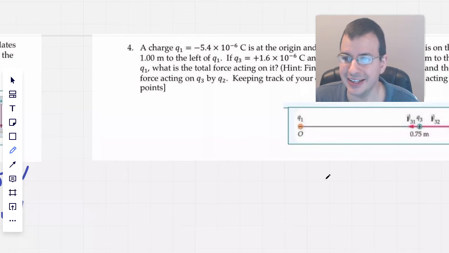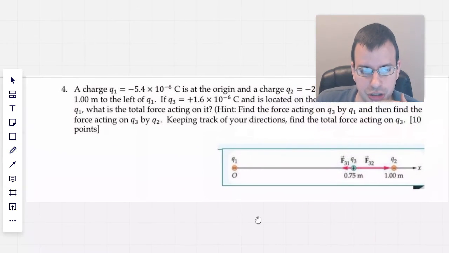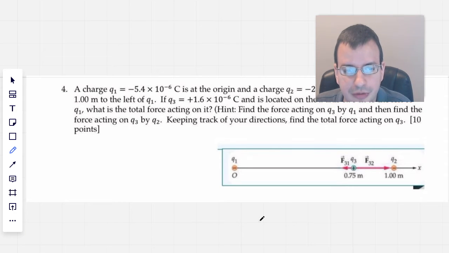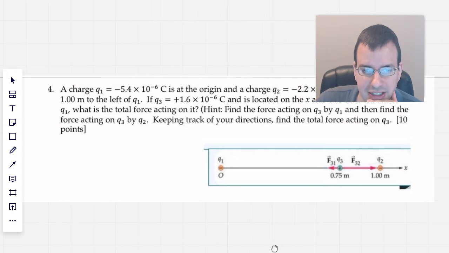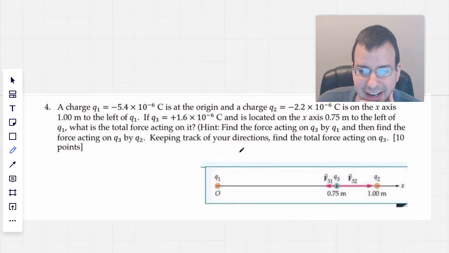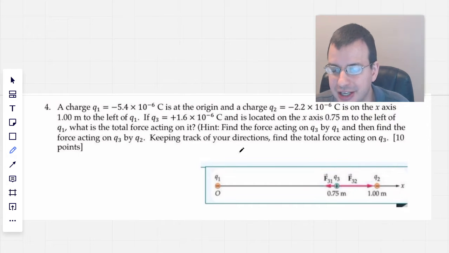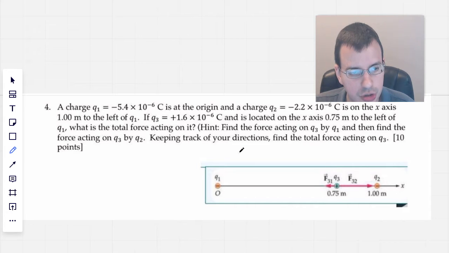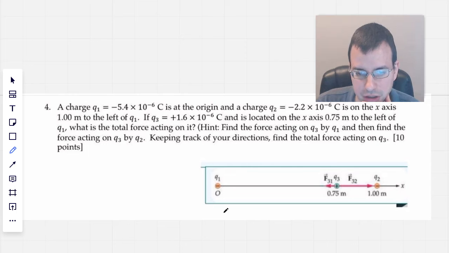Okay. Second part, charge Q1 of negative 5.4 times 10 to the negative 6 coulombs is at the origin, and a charge Q2, negative 2.2 times 10 to the negative 6, so micro, is on the x-axis 1 meter to the left of Q1.